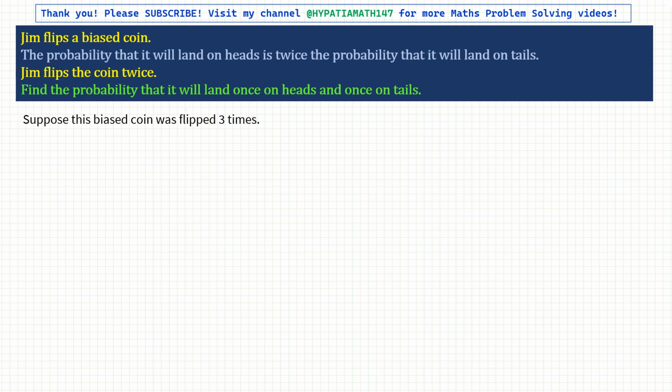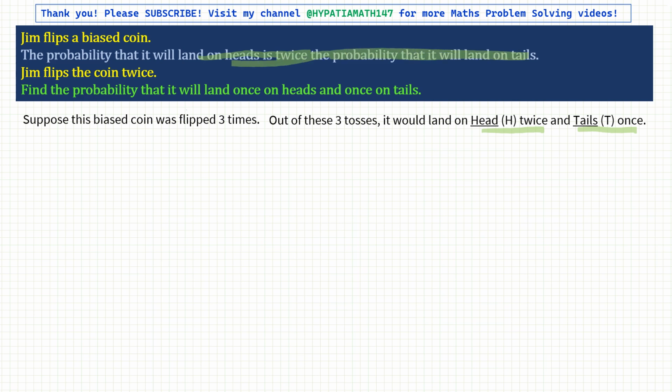So we made this assumption that suppose this biased coin was flipped 3 times, and out of these 3 tosses it would land on head twice and tails once, because the probability it lands on heads is twice the probability that it will land on tails.